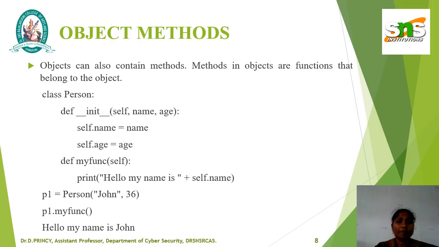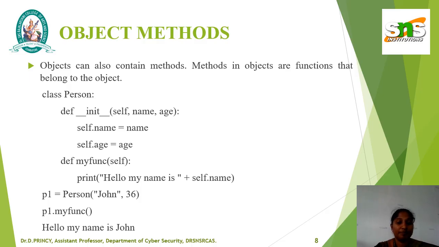Next, object methods. Like a class, an object can also contain methods. Methods in an object are functions that belong to that object, so using that object only we can call the methods. See here, Person is the class name. It has the initialization method, which is invoked when the object of the class is created, and another user-defined method called myfunc. myfunc has only a print statement: Hello, my name is, followed by the value received through the parameters.